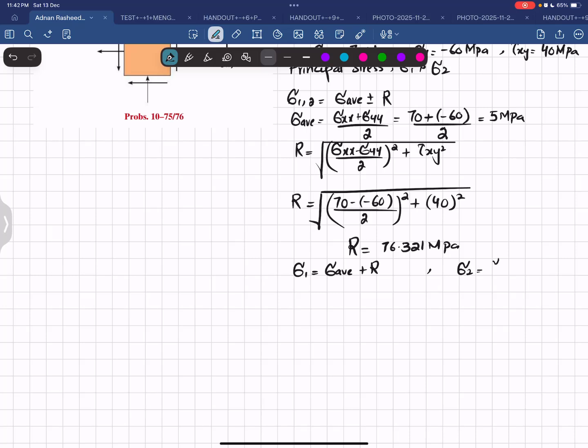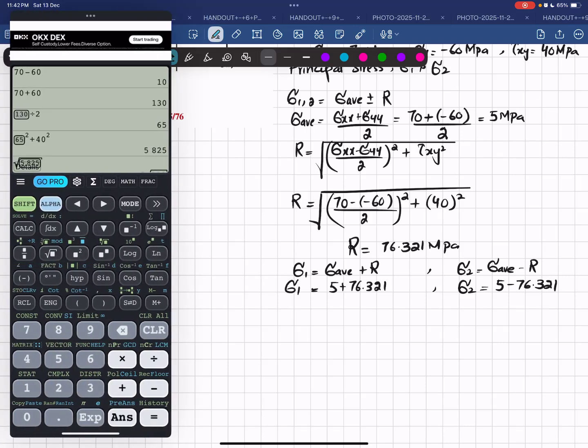Now we know that sigma 1 is equal to sigma average plus R, while sigma 2 is equal to sigma average minus R. So sigma 1 is 5 plus 76.321, while sigma 2 is 5 minus 76.321. We will calculate them.